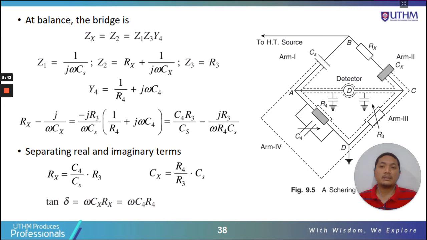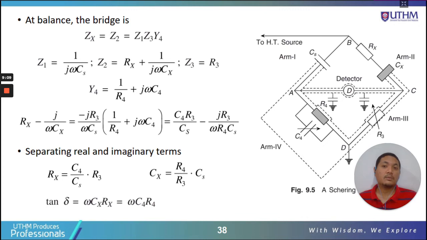So at balance, Zx equals Z2 equals Z1 times Z3 over Z4. Basically this is the balance condition of the circuit. Hang on, let me see, this is Z1. Sorry, not Z4, it is Y4.